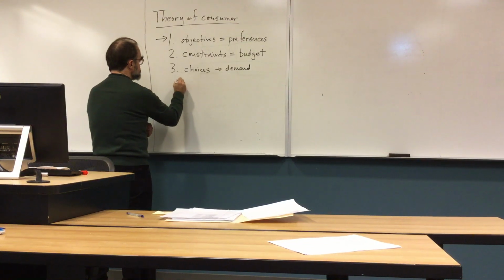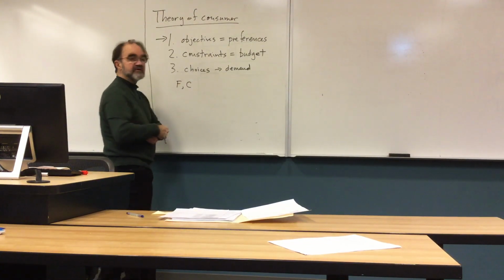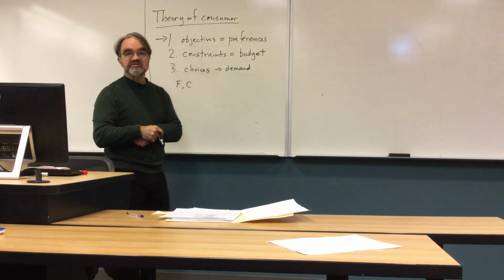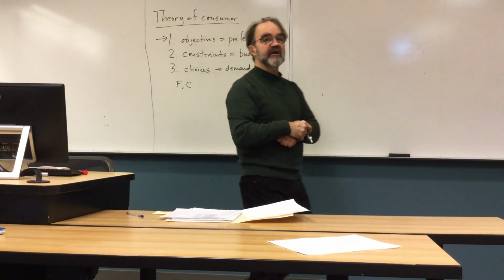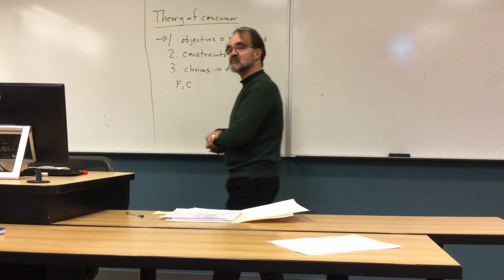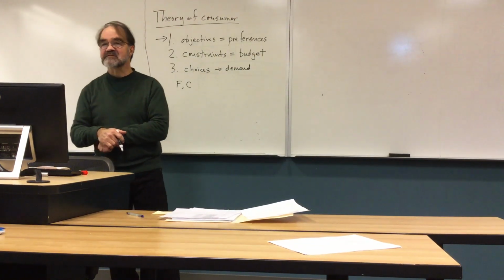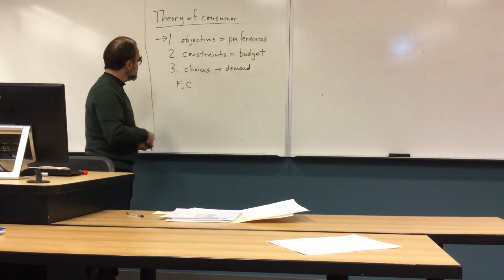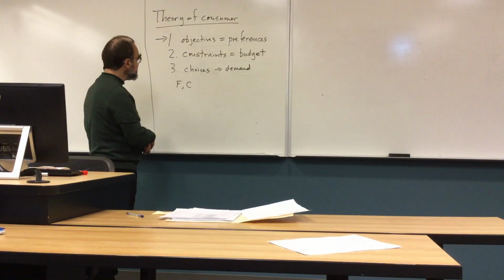And we're going to label those goods as food and clothing. Okay? These can stand for any two goods that you like. One of them can be avocados, if you prefer. The other can be salsa. You know, any two goods, or chips, and I don't know, something else.